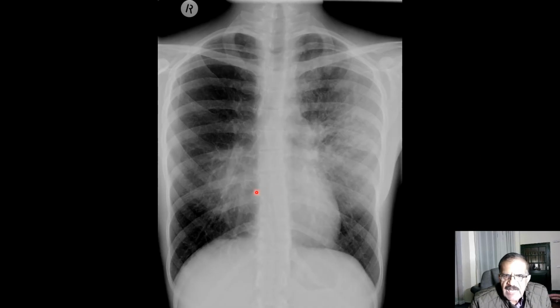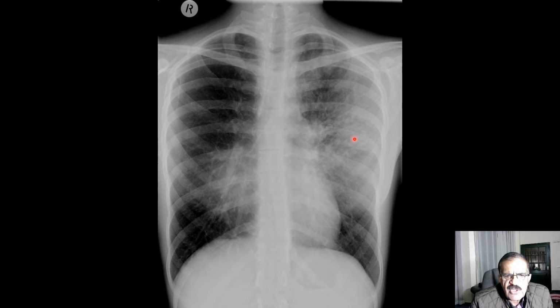This is bilateral pneumonia. This is maybe somebody very sick, somebody immunocompromised, and these days we are seeing patients with COVID with bilateral pneumonias. This could very well be a case of COVID, but there is bilateral pneumonia much more marked on the left side as compared to right.